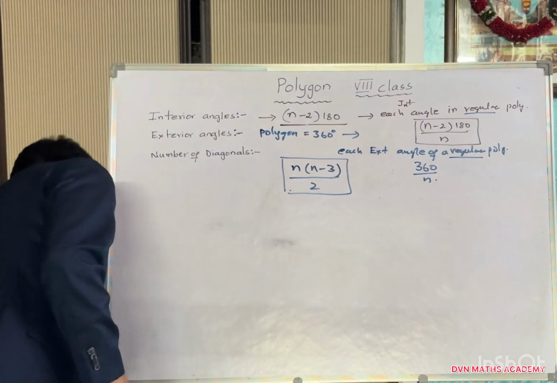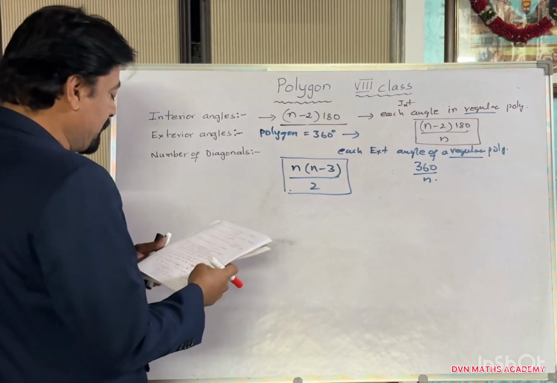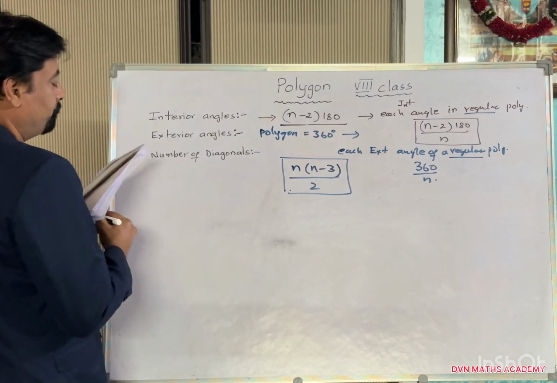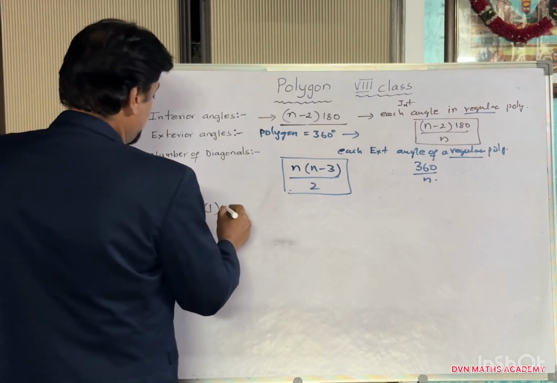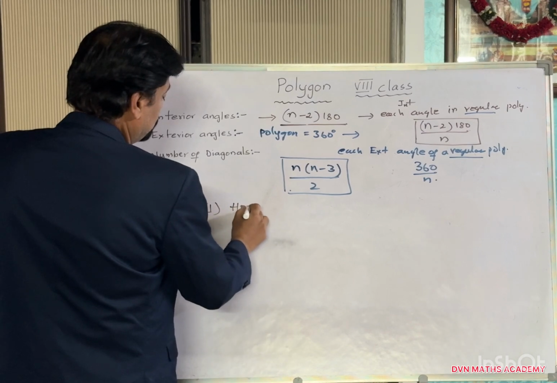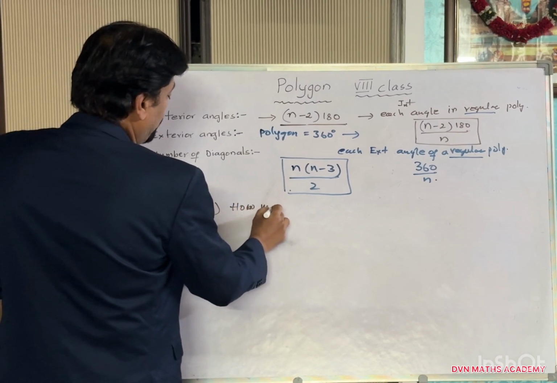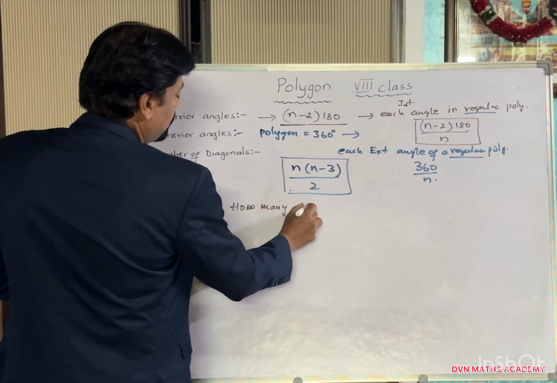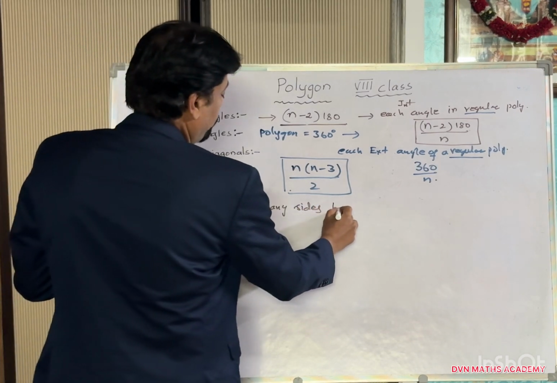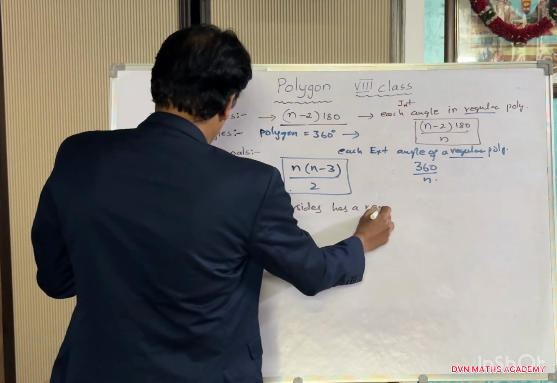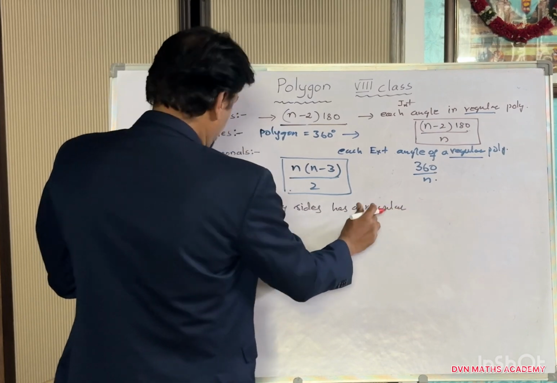The first question is: how many sides does a regular polygon have, each angle of which measures 108 degrees? Regular is a very important word.